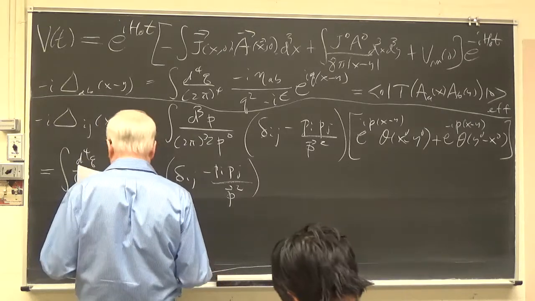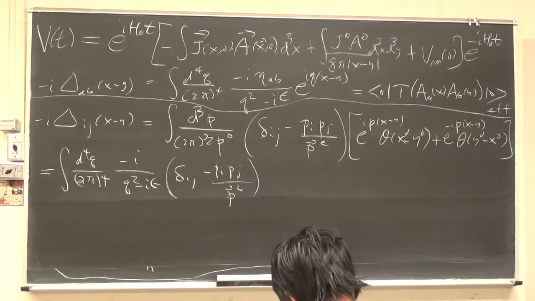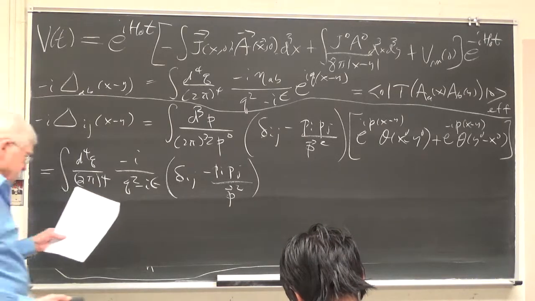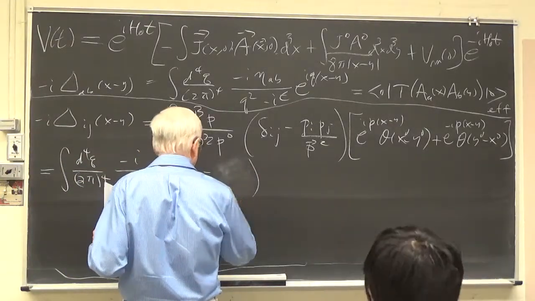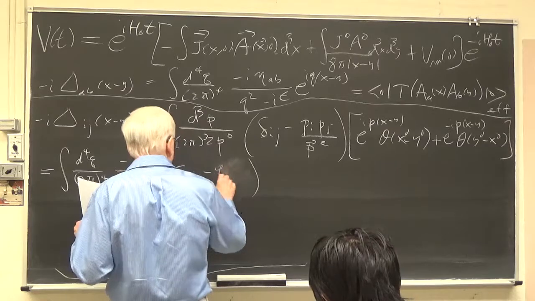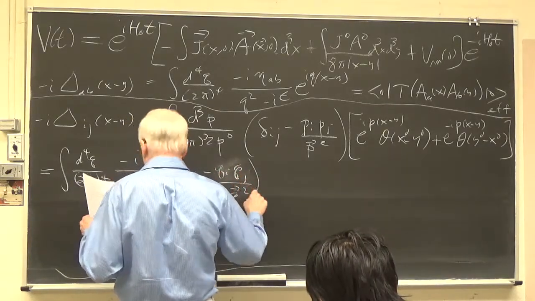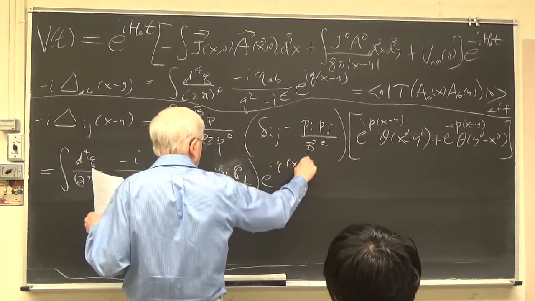Well, sorry. Okay, I've screwed up all over here. Don't copy that down. I need to follow the notes here. This is qi qj over q vector squared. E to the iq x minus y.